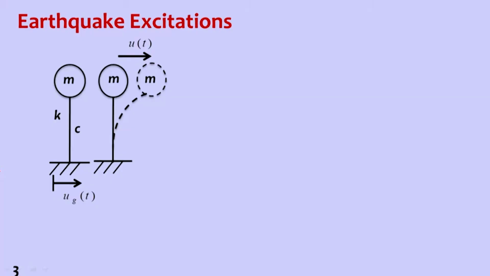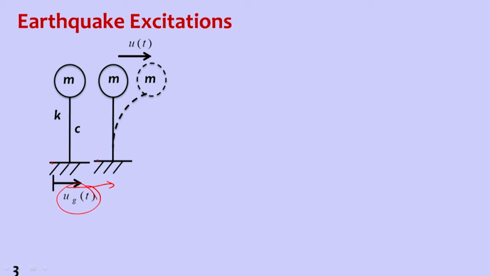If you look at this closely, UG is the ground displacement. This ground is displacing from here to here. This is UG, the ground displacement.